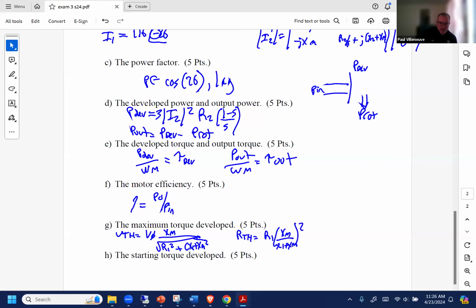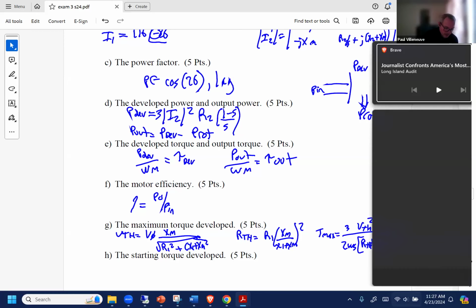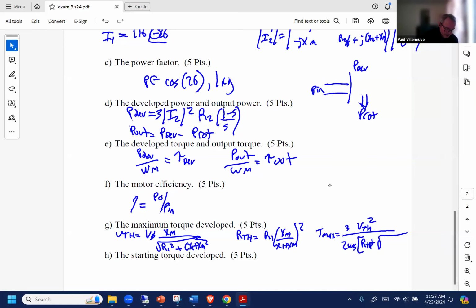And then once I have that, I can go ahead and solve for my T max. So T max is equal to 3 V Thevenin squared over 2 omega sub S times R Thevenin plus the square root of R Thevenin squared plus X Thevenin plus X2 squared.